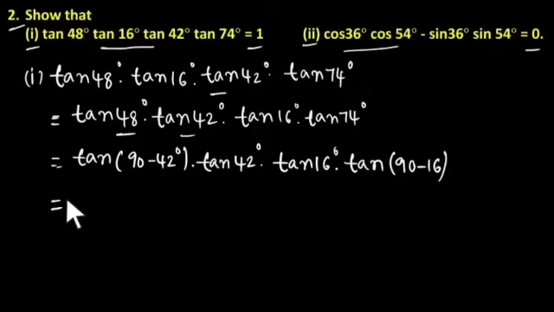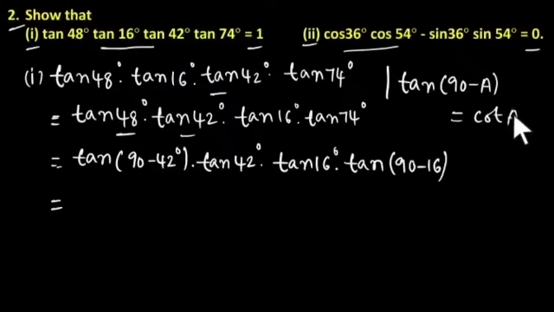That equals to, now you have tan of 90 minus 42. We're gonna use a formula here. What is that? Tan of 90 minus A is cot A. So we are going to use this formula to solve this step.